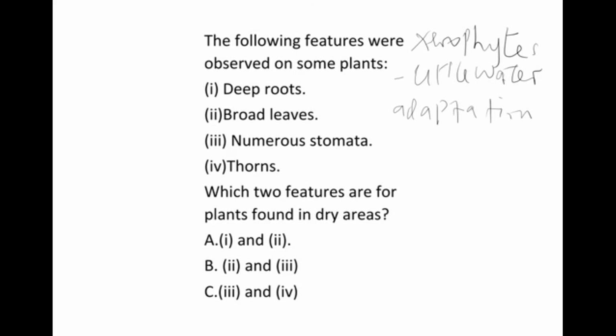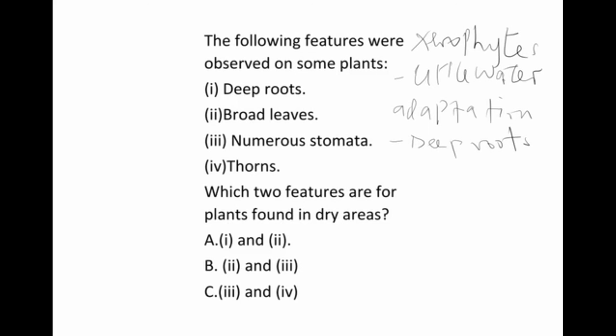Some of these adaptations will include deep roots. Deep roots will enable the plant to absorb water from underground, so that it can use it to survive in that area.